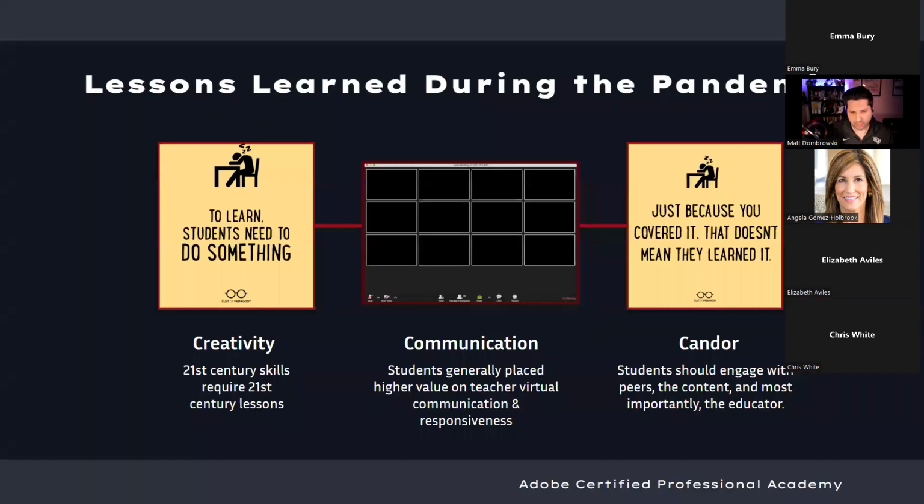So some ways to do this: we want to think about what we learned during the pandemic. In the pandemic, and I'm kind of hypocritical right now because I'm doing a lecture, we talked a lot and didn't do a lot, right? And we typically saw what you're seeing in the middle screen here. We just saw black screens, no cameras.